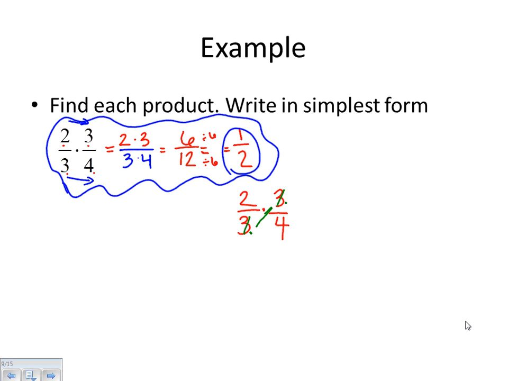So 3 is common with 3. 3 divided by 3 is 1, so I can simplify those both to 1. I also can cross-simplify the other pair, 2 and 4. 2 can simplify to 1, and 4 can simplify to 2. When I multiply these together, I have 1 times 1, which is 1, and 1 times 2, which is 2. As you can see, I get the same answer. I just don't have to simplify at the very end.